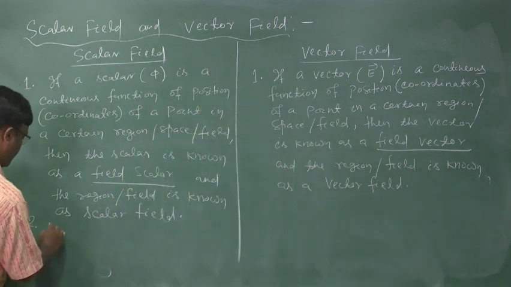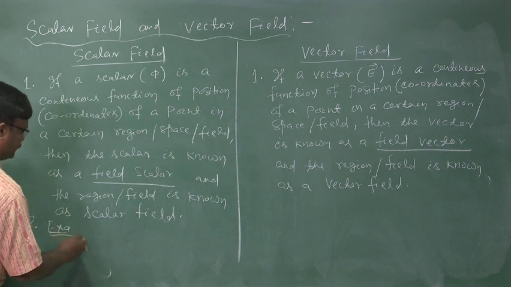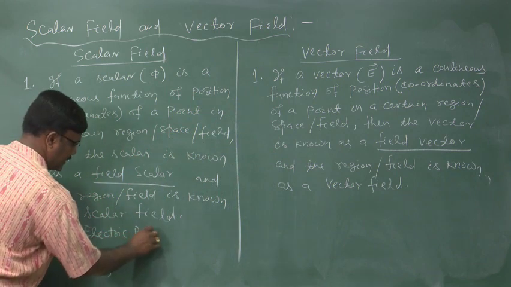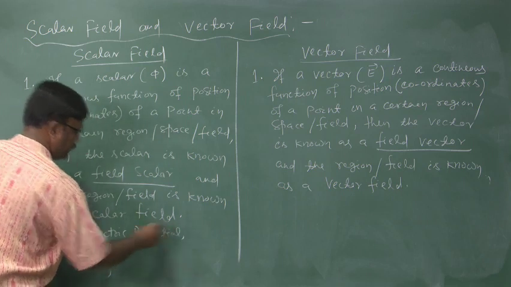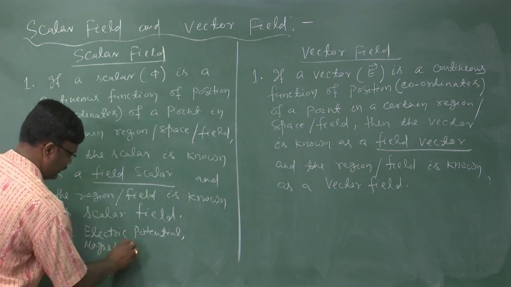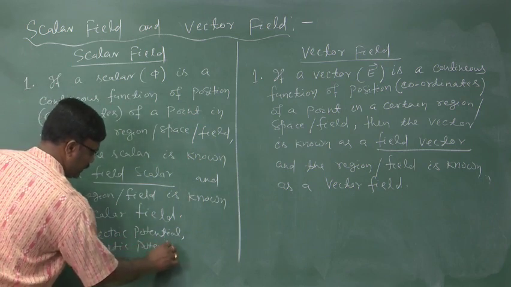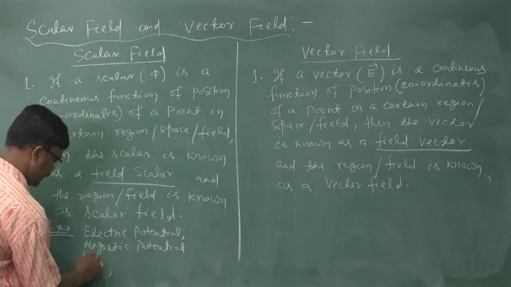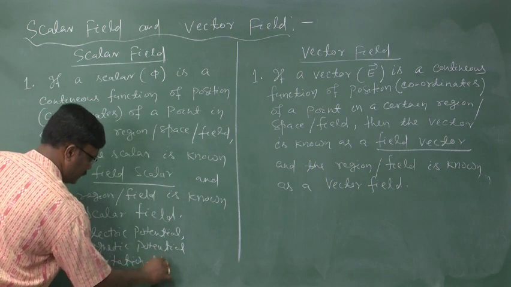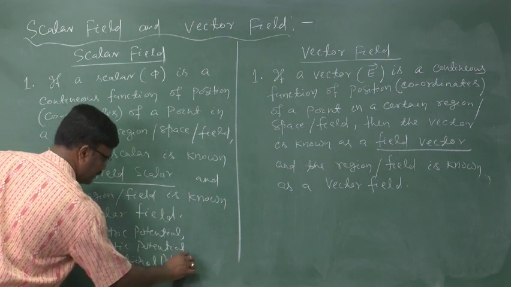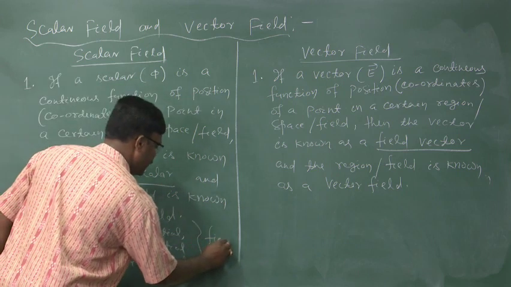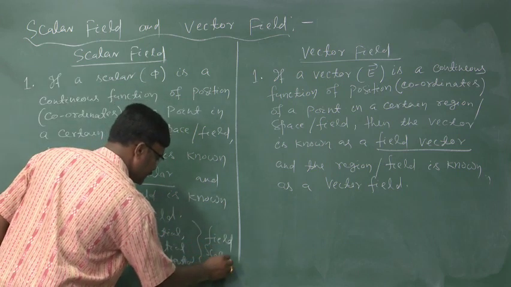Number 2 example: electric potential, magnetic potential, gravitational potential, all are field scalars.